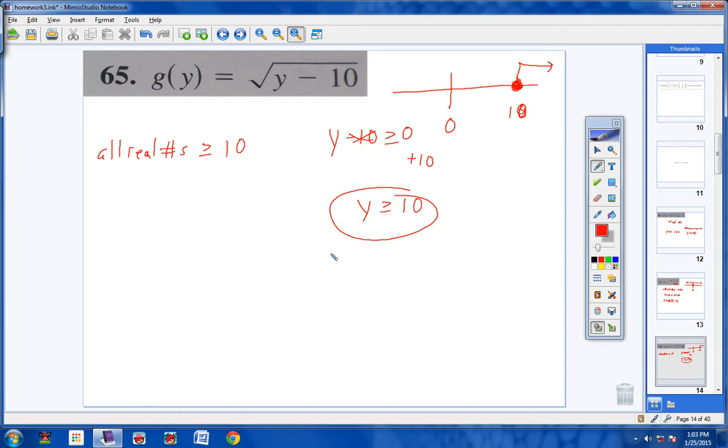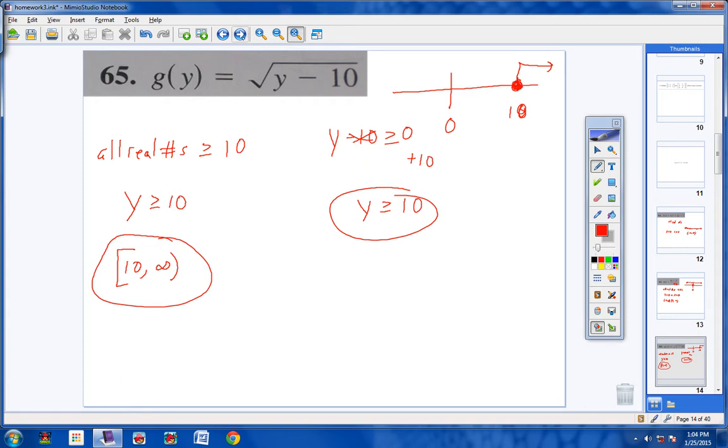For inequalities, you would say y is greater than or equal to 10, just like we had here. For interval notation, it starts at 10, and it's a bracket because it includes 10. Then we go to the right, which is infinity. So there's the interval notation right there.